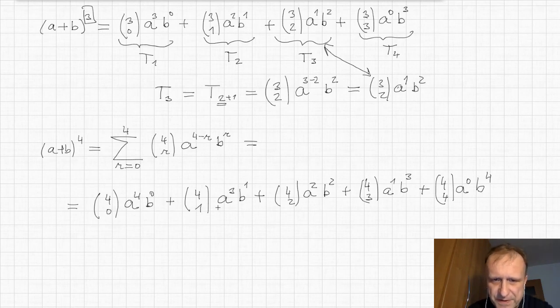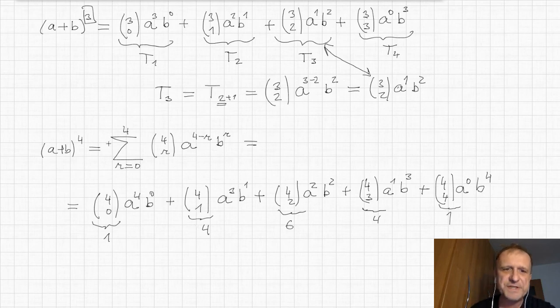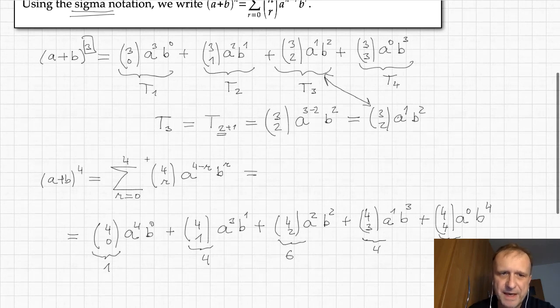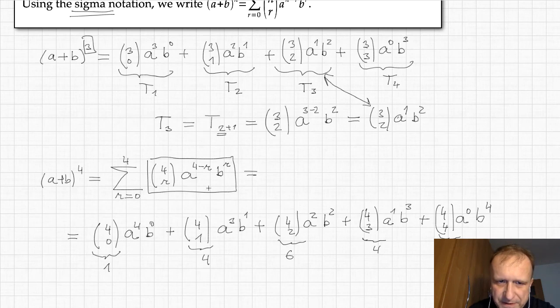These coefficients are the coefficients of the Pascal's triangle of the fourth row. So this is 1, this should be 4, this should be, as far as I remember, 6, this should be again 4, and this should be 1. So these coefficients are known, and here you have your expansion. Okay, so this is how the sigma notation works, and please notice that this is nothing else than the r plus 1th term.